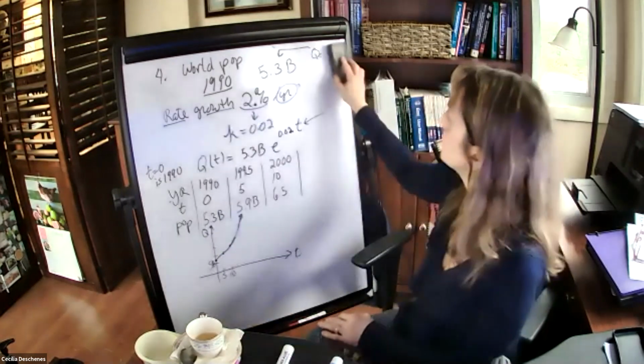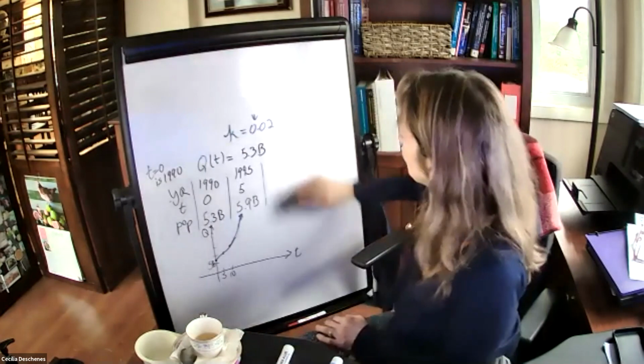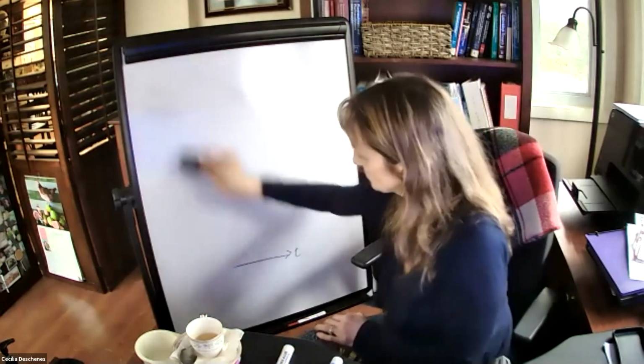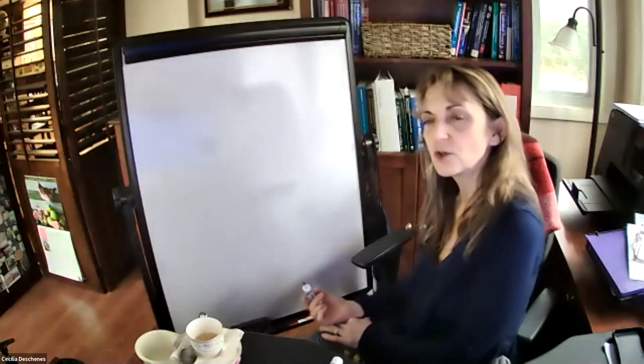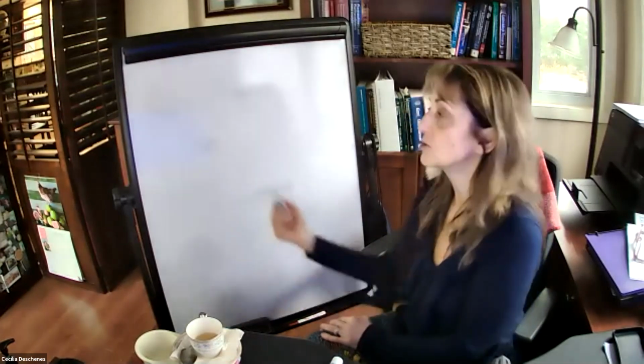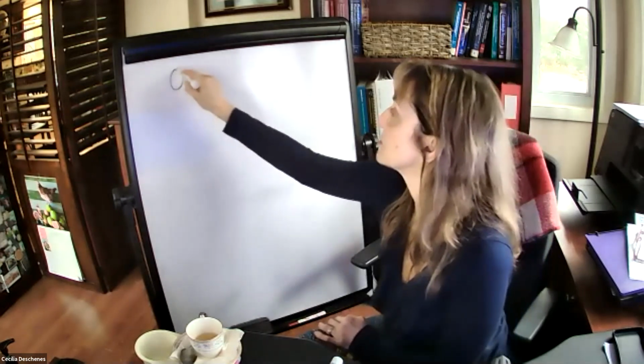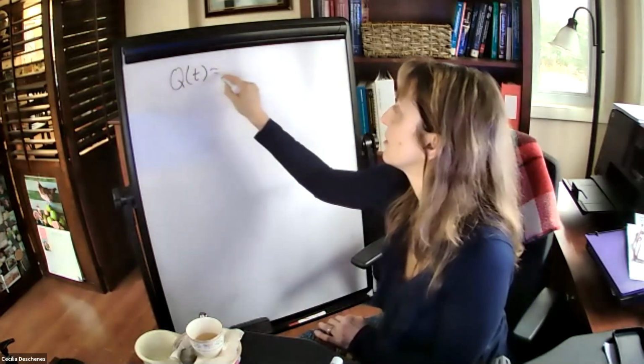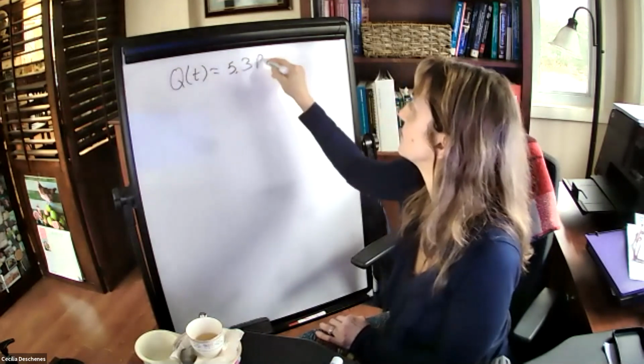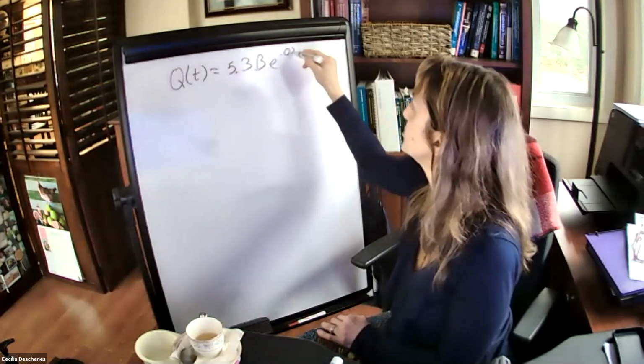Okay, and the last problem, number 5, says, if the world population continues to grow at the rate of approximately 2% per year, find the length of time. Oh, so this is referring to the previous problem. So let's refer to problem 4. We already had that it was 5.3 billion e to the 0.02 t.